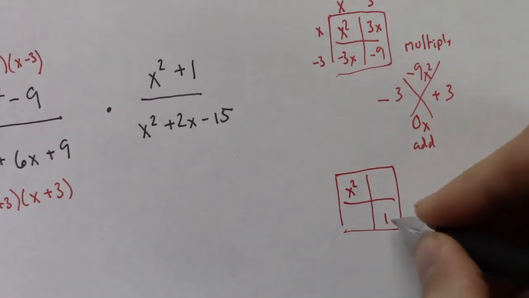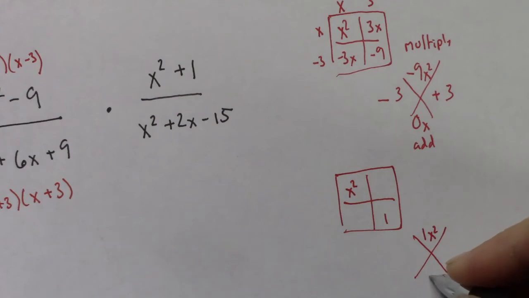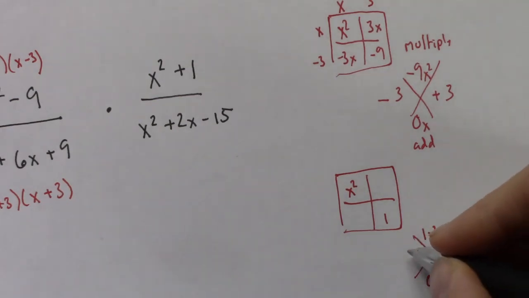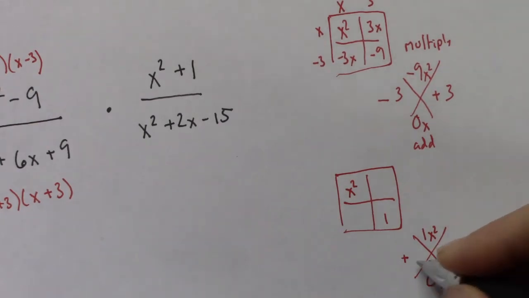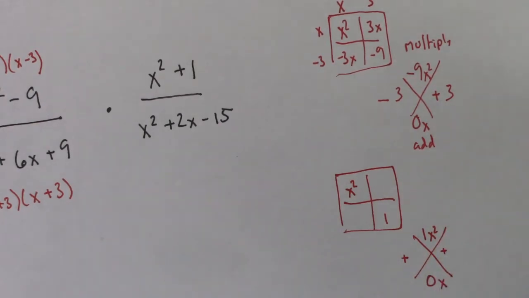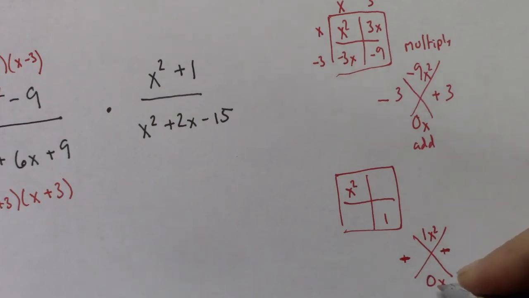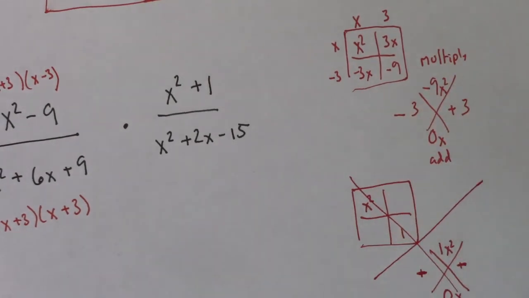So we did x squared, we did a 1, so we get a 1x squared, and then we get 0x because there's no middle term, and it's positive, which means they're either both positive, but I can't take two positives and make them add to 0, or they're both negative and same thing, and I can't take two negatives and make them add to 0. So it turns out that that's not factorable.